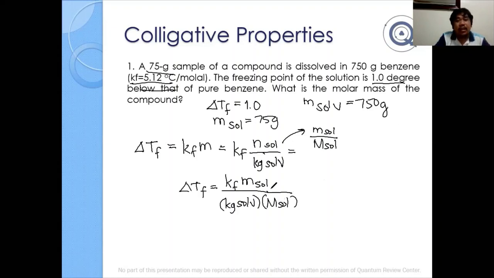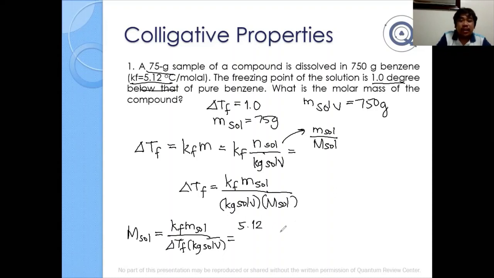It's your preference. So I'll just rearrange: the molar mass of the solute will be equal to KF times the mass of the solute over delta TF times the kilograms of solvent. Our KF is given as 5.12 degrees Celsius per molal.